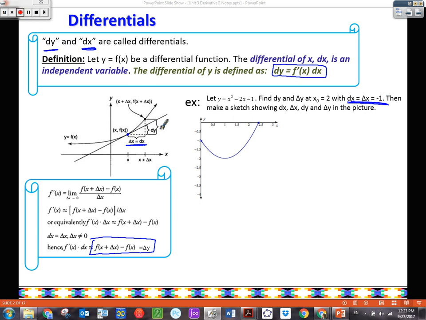What is dy and what is delta y? We're going to be able to actually find those quantities, and we're going to graph it so that you can visually see what's happening. So dy is the distance between my old y value, or this is my point of tangency, let's just call it. It's the difference between the point of tangency and my tangent line y value. That's dy.